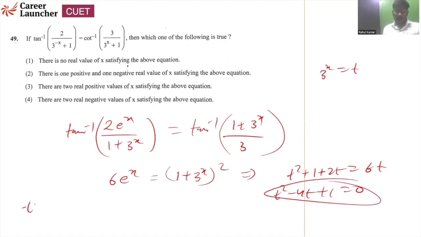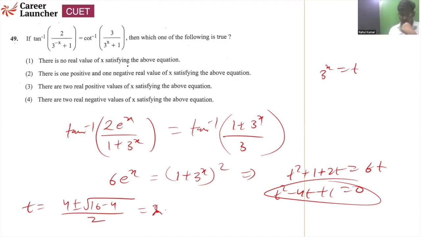Now we will find the value of t. t will be minus b plus or minus square root of b squared minus 4ac, divided by 2a. So it will be 8. No, it will be 4 here. Sorry.